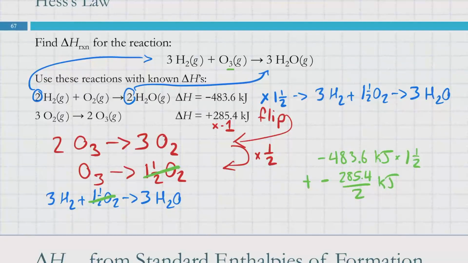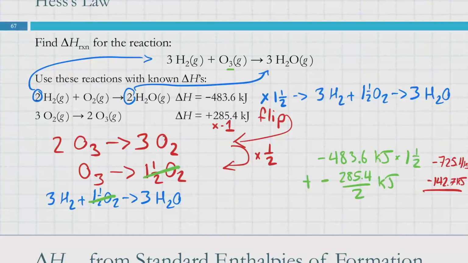So negative 483.6 times 1.5. This top part is negative 725.4, units of kilojoules that are cut off. And our second one, negative 285.4 divided by 2, negative 142.7, also kilojoules.